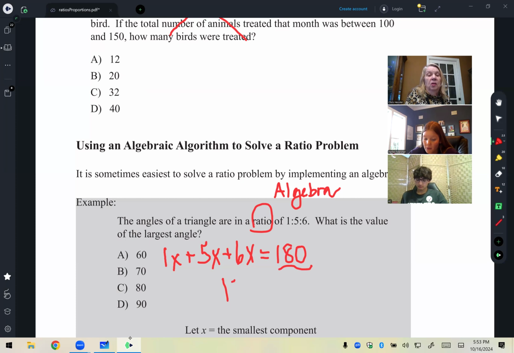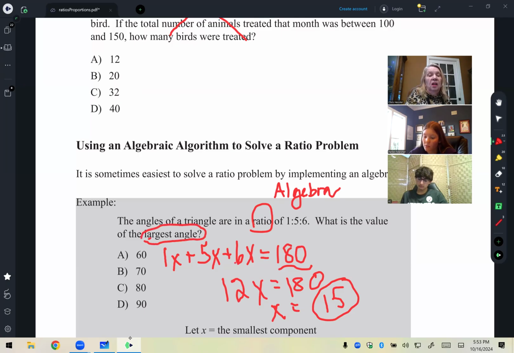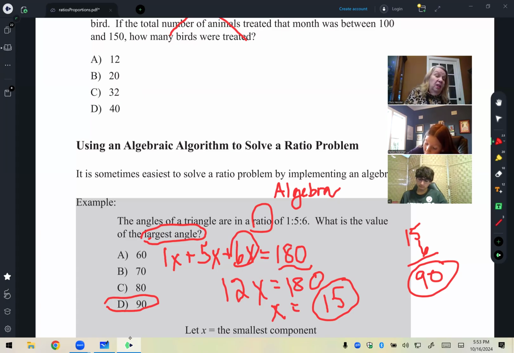So that's going to be 12x is 180. So each little x component is 15. We want the biggest angle. So that's our 6x guy, which is 90.